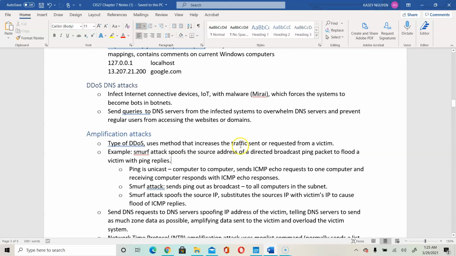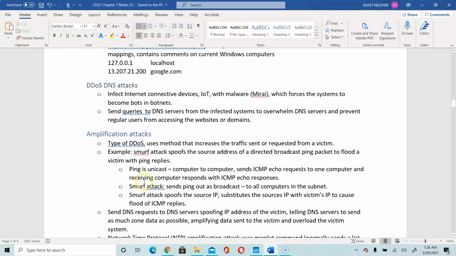So a Smurf attack is a ping attack, but it actually also spoofs where they're pinging from. As ping is unicast, it's computer to computer. It would send ICMP echo requests from one system to the other. Once the other system receives it, it would send the echo reply or response.